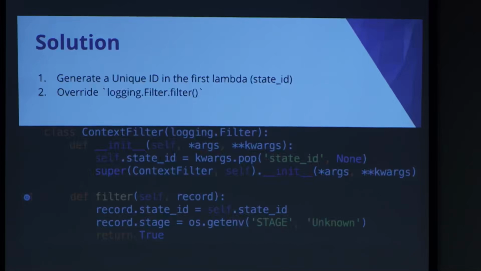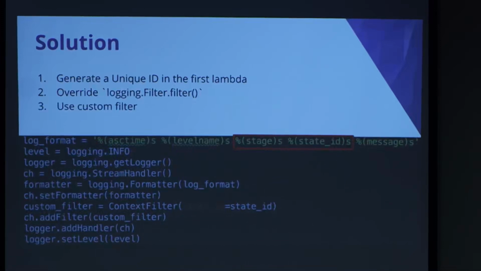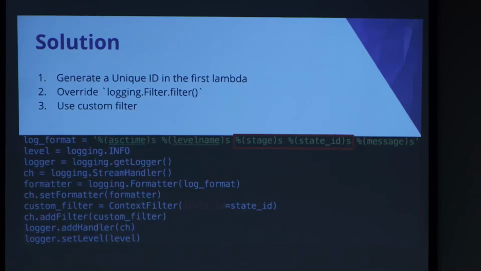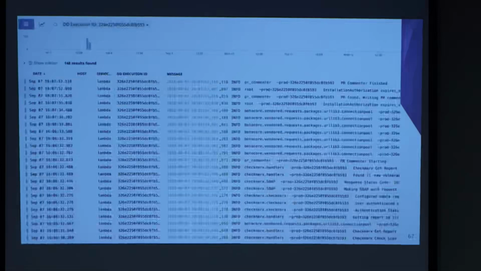So we overrode the logging filter class, and then we were able to use those state IDs that we passed through to each and every Lambda function, and we were able to use that right there in the logs. So if you go to your log management tool and you see one state machine ID, you can filter it. So that's what we do right here.